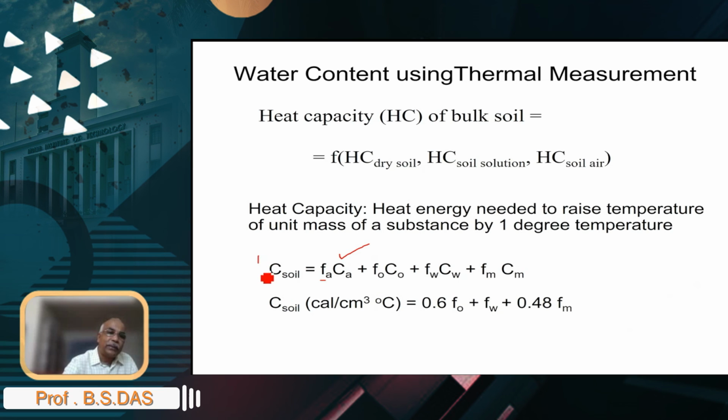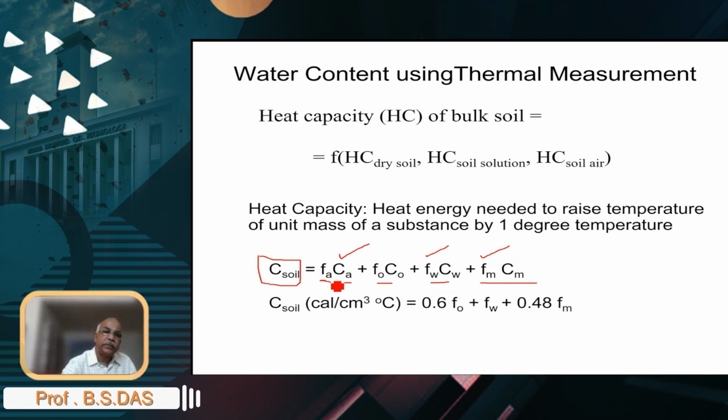So this bulk volumetric heat capacity, the heat capacity of the bulk soil, will be the sum of the volumetric heat capacity of the air phase, the organic matter phase, the water phase, and the mineral phase, each weighted by their respective volume fraction, right?